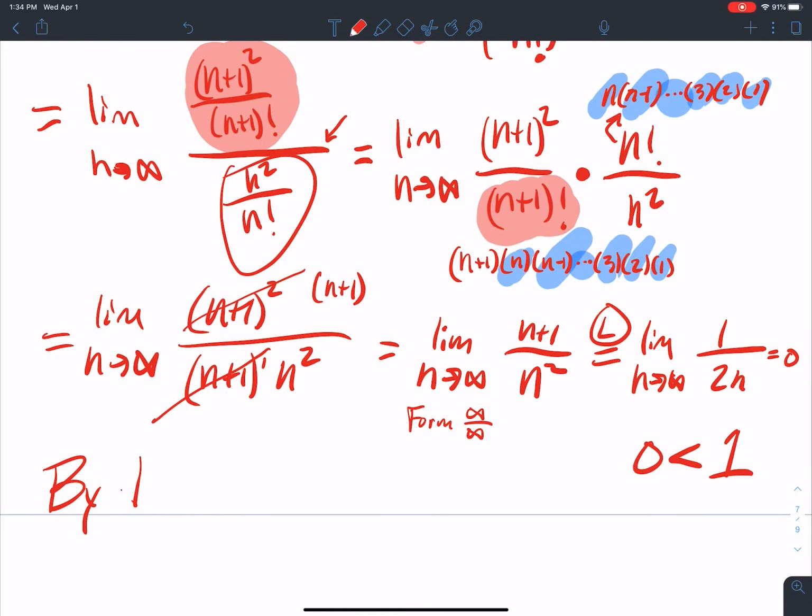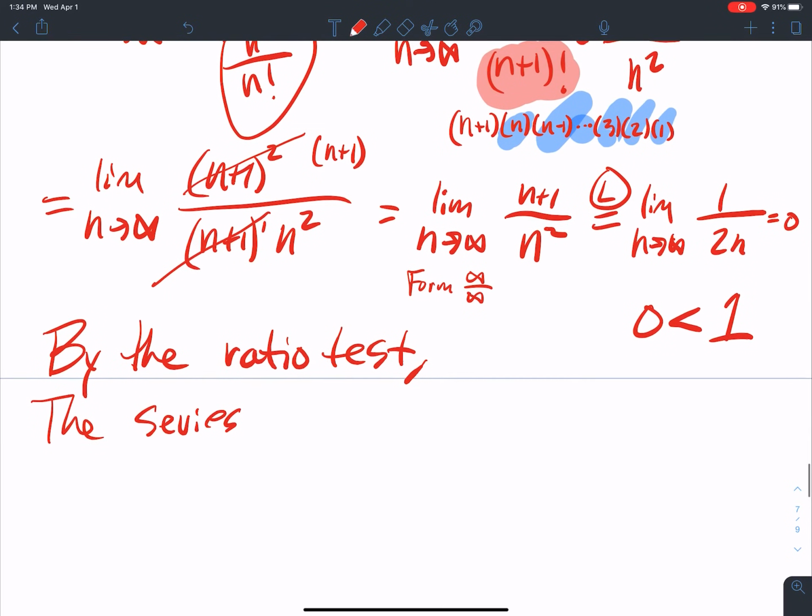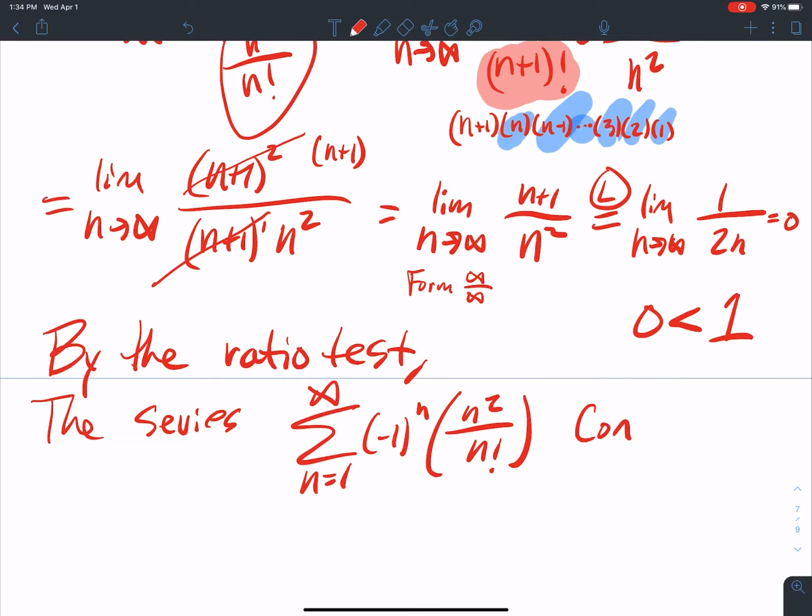By the ratio test, the series n equals 1 to infinity of negative 1 to the n squared over n factorial converges absolutely. Pretty cool, pretty cool. So this one's going to converge absolutely.